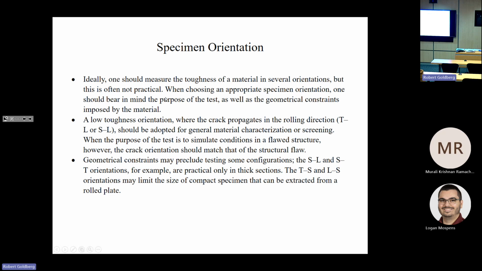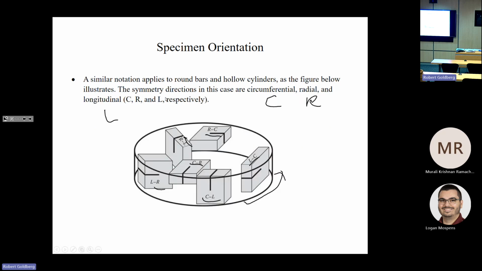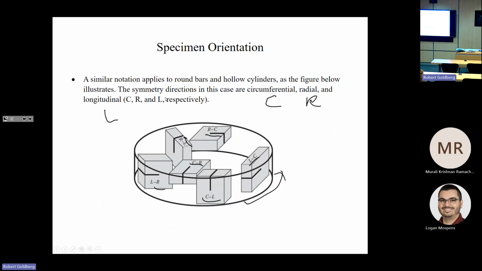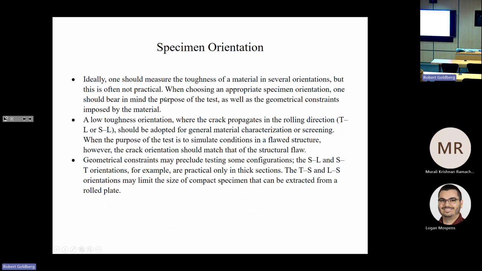But when the purpose of the test is to simulate conditions in a flawed structure, the crack orientation should match that of the structural flaw. So if you already know from how you're looking at your structure, or you have an idea where you've seen the potential of problems in a particular orientation and direction, then by definition, you see some initial flaws in the structure where cracks are most likely to propagate.